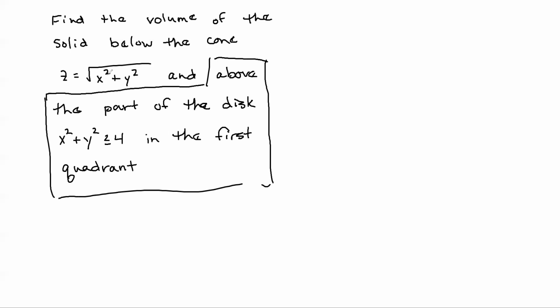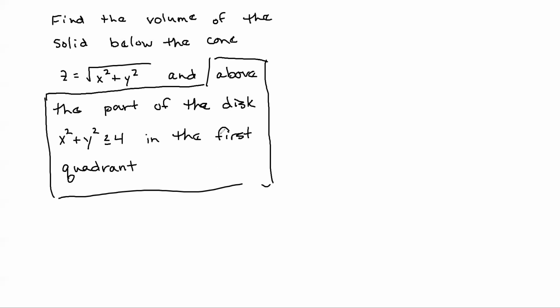If you want to, you could graph the cone. But in this problem, because of the way they have described it, it is not going to be part of the base. The base is entirely described in the problem. If the language had been something like find the volume of the solid bounded by z equals this and z equals something else, then that's an entirely different problem.